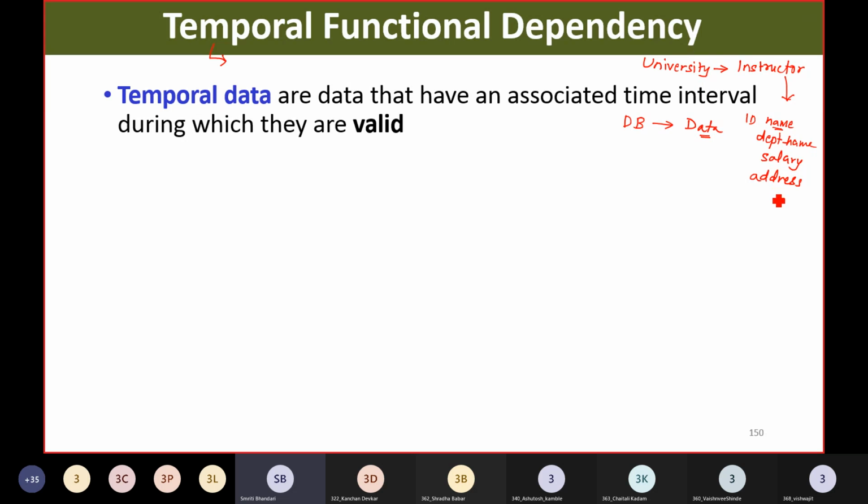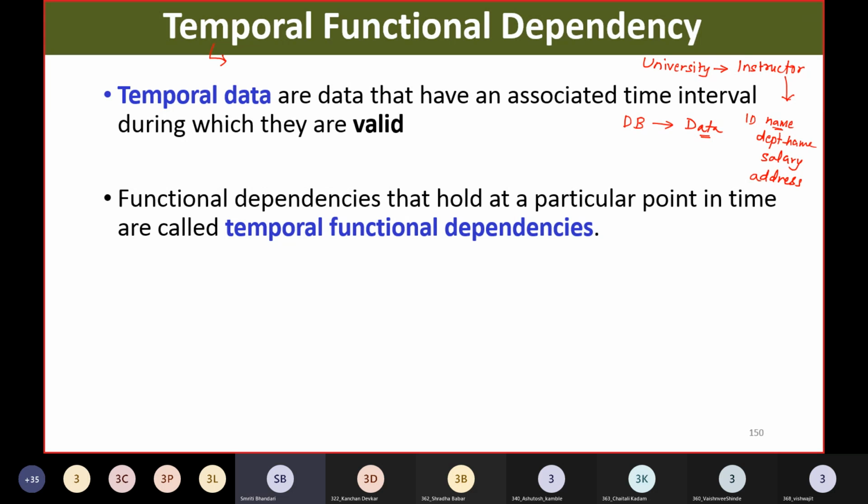Meaning, while designing my database, I need to add a few more attributes like start date, end date, something like that, so that I can mention in which period this data is valid. Now, the functional dependencies that hold at a particular point in time are called the temporal functional dependencies.